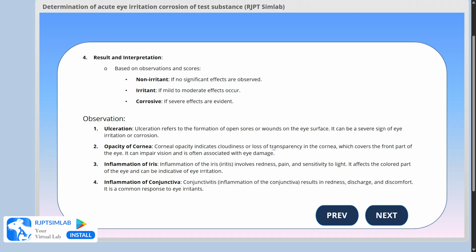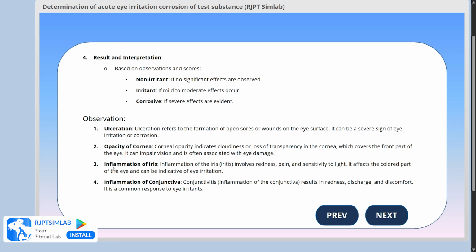The cornea is the part of the eye over which cloudiness appears, which means we cannot see properly. On the surface of the cornea, a cloud-like structure is formed, which disrupts the vision and covers the front part of the eye. It can impair vision and is often associated with eye damage.